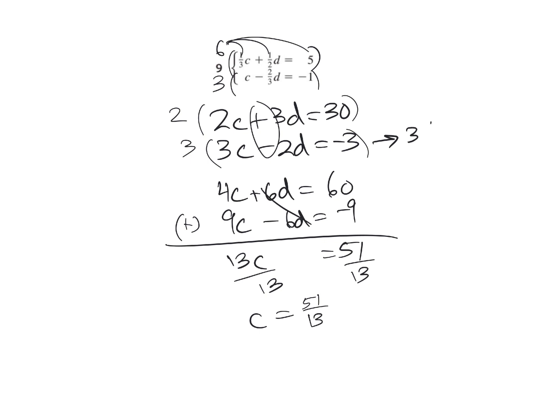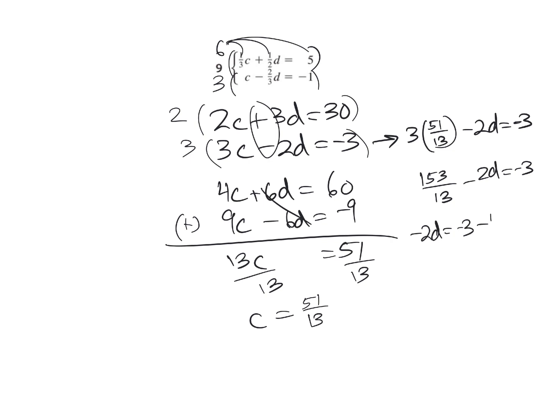3 times c, 51 over 13, minus 2 times d equals -3. Okay, so 3 times 51 is 153 over 13. So we get -2d equals -3, and we're going to subtract the 153/13 to the right. So we get a common denominator, make that 13, that's 39, -39, don't drop the negative.